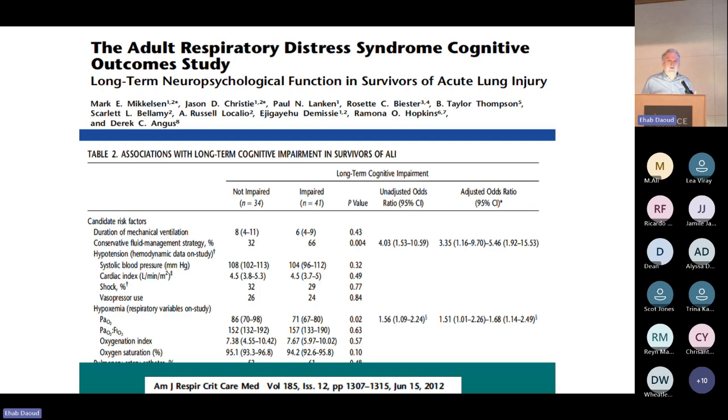But importantly, this is a retrospective analysis of the survivors only, obviously, and looked at the neuropsychiatric outcomes. Those patients that had impaired neuropsychiatric outcomes and were unable to go home and do their work again were found to have lower PO2s than those who had better outcomes. So there's a subtle PO2 of 86.